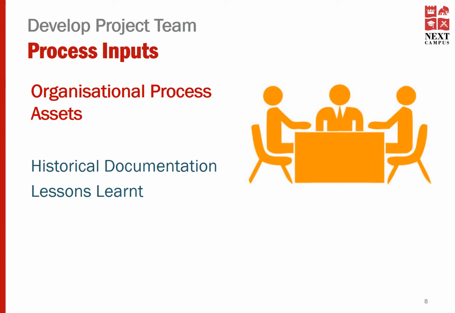Also, lessons learned is another important input for developing a great project team. Lessons may include things that really worked well as well as things that did not go well for this project. Lessons learned can also be updated during the development of the project team, as and when we find learning.